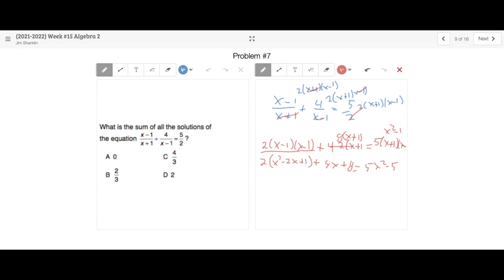This is crazy. So now I'm going to multiply through by 2 here, so that gives me 2x squared minus 4x plus 2 plus 8x plus 8.